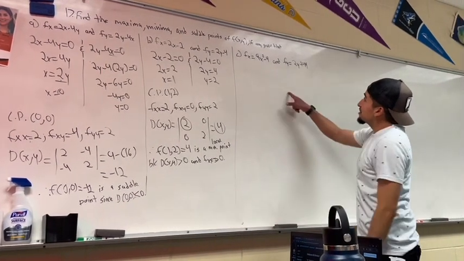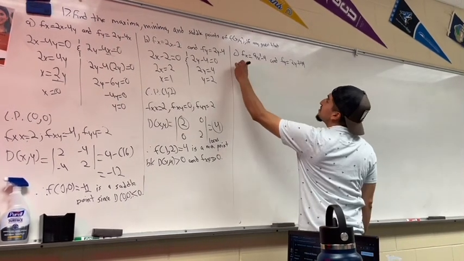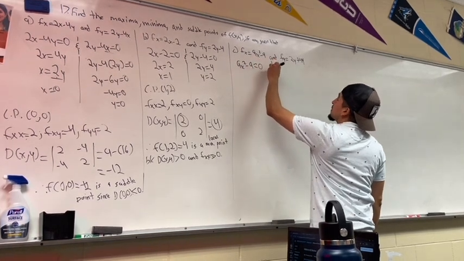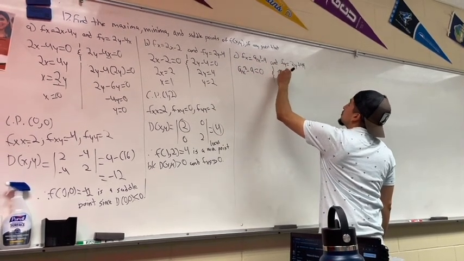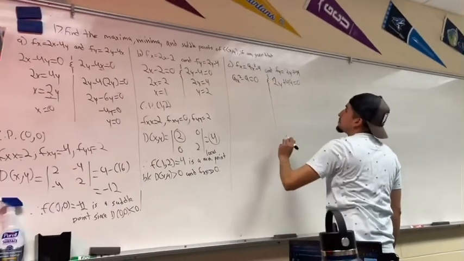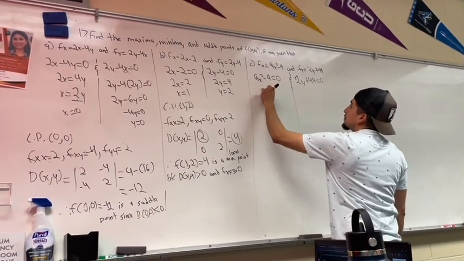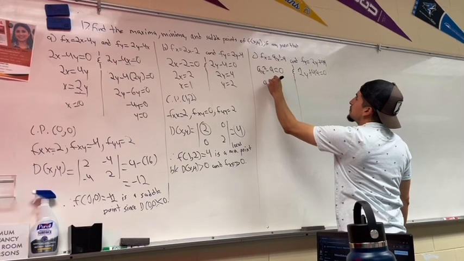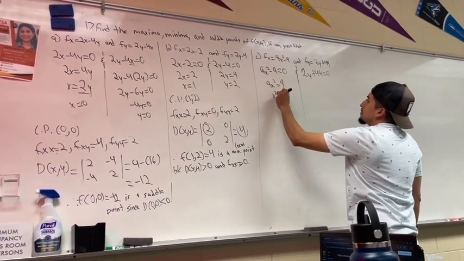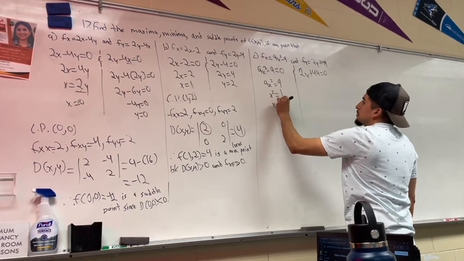All right, now for part C, same process. You do 9x squared minus 9 equals 0, and 2y plus 49 equals 0. But, I mean, you could solve for either one. 9x squared just equals 9, x equals plus or minus 1.